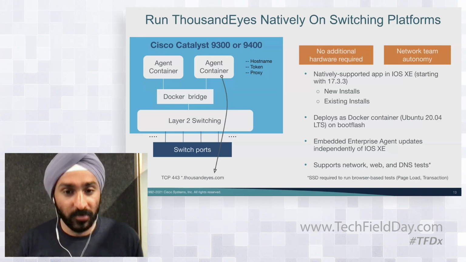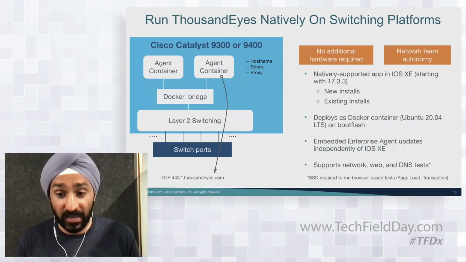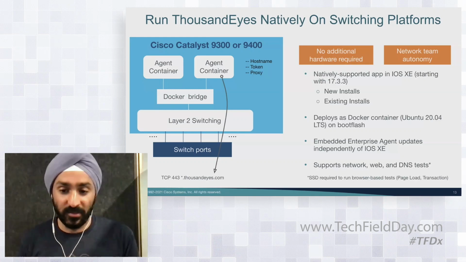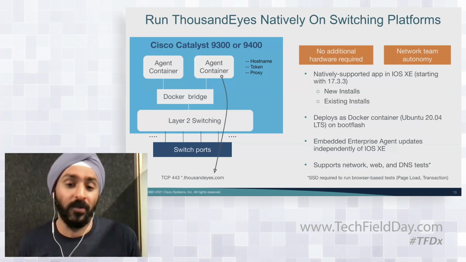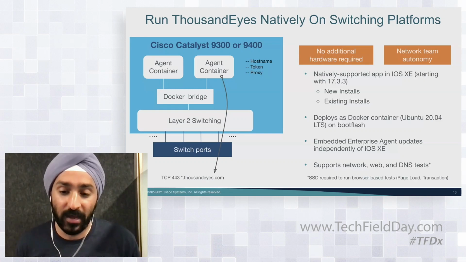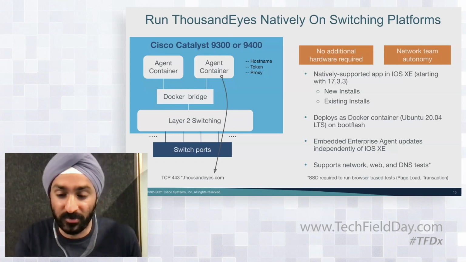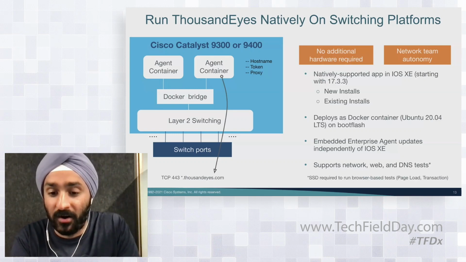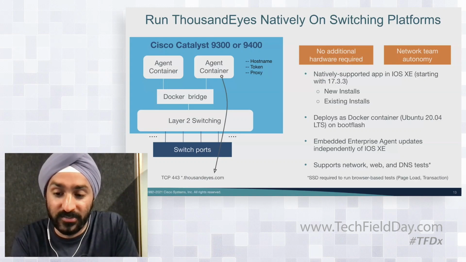We call these page load and transaction tests, and they have an instance of Chromium embedded on the agent, and they run in tandem with the suite of network tests that we run. For these types of tests, SSD is required mainly for the I/O requirements and the additional resource-intensive test cases needed for running our tests.